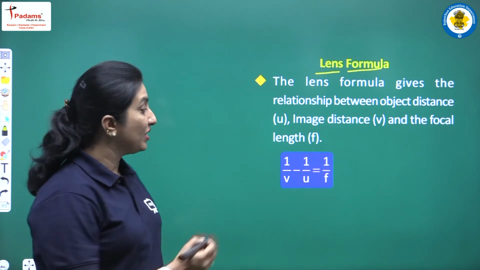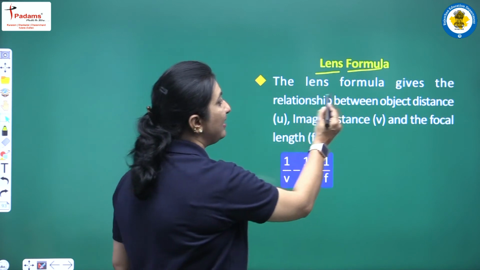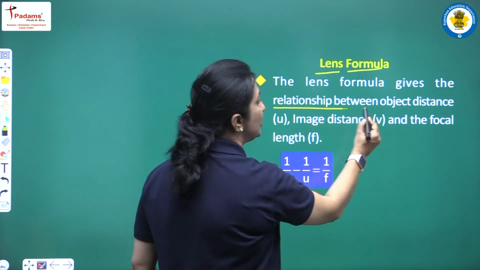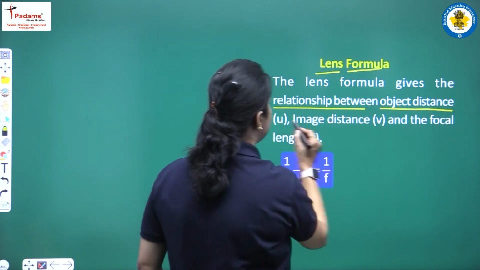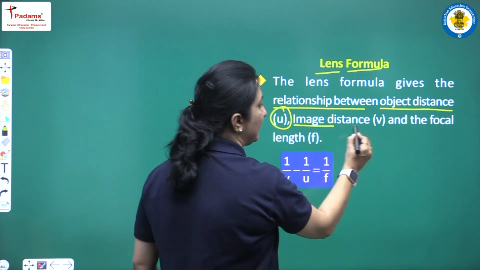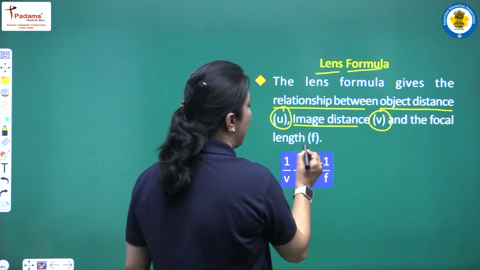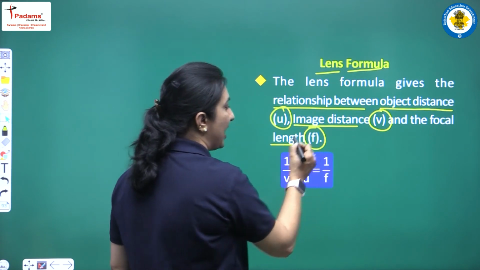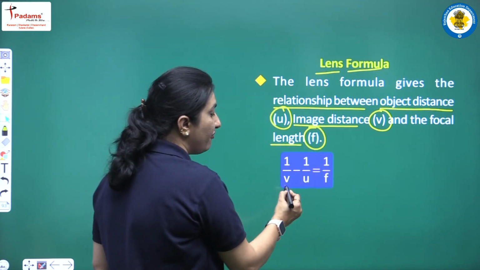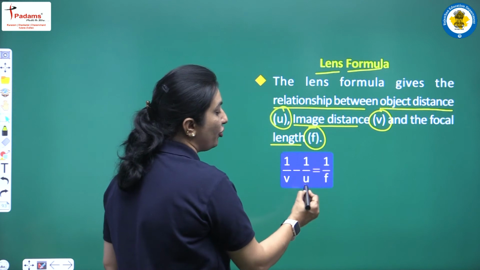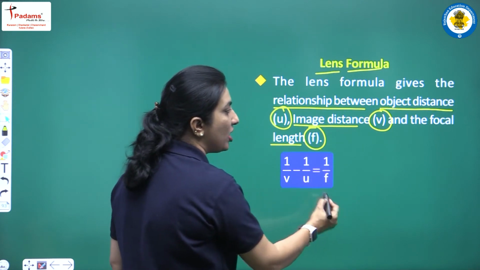Kindly take care. So, here the lens formula gives the relationship between the object distance u, the image distance v and the focal length f, and the relation is 1/v - 1/u = 1/f.